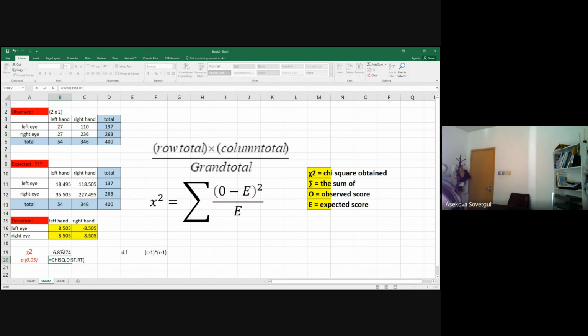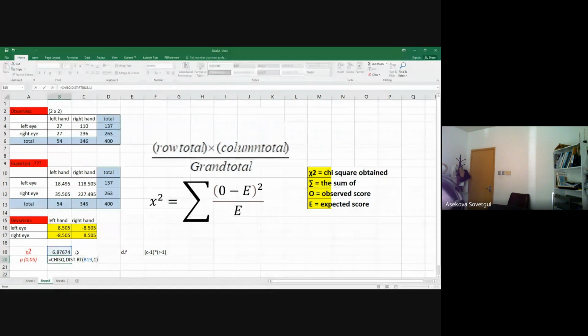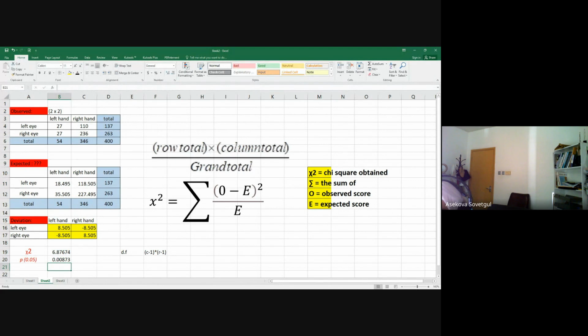Our chi-square value is 6.87, and the degrees of freedom is 1. So this one. You see? 0.08, almost 0.09. Perfect.